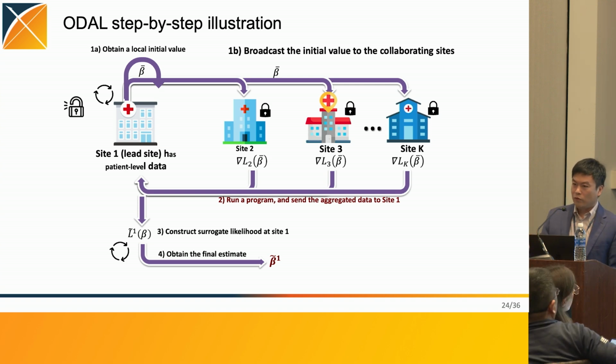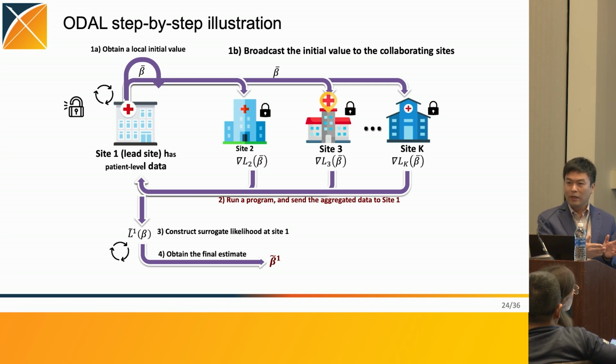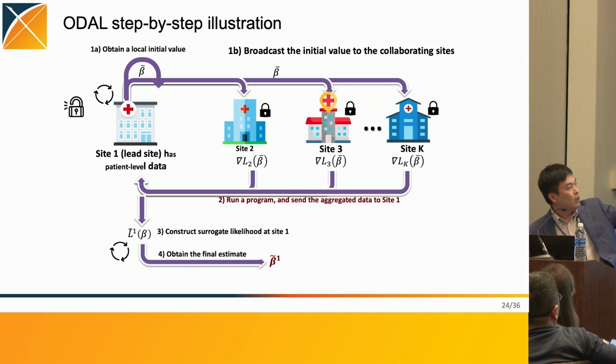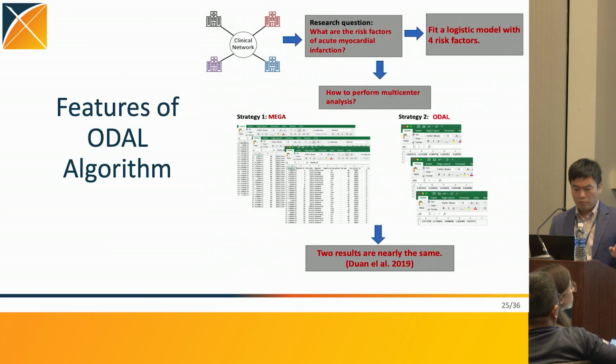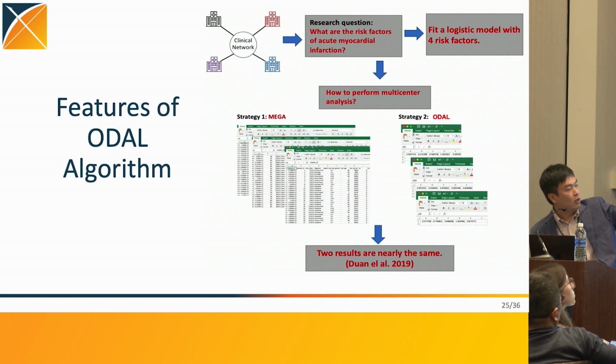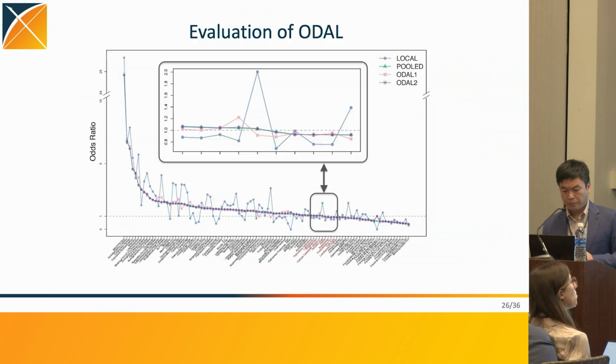Secondly, it reflects the philosophy of most collaborations, meaning that your lead collaborator should do 90% of the work and try to minimize what your data partner needs to do, right? Your data partner literally just needs to take the initial value, get that number, and send it back to you, and it's done. To put this in a concrete setting, for the OHDSI model with 4 predictors, you only need to share a very small right-hand side, literally 4 numbers.